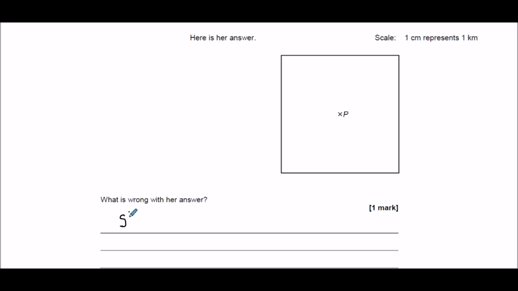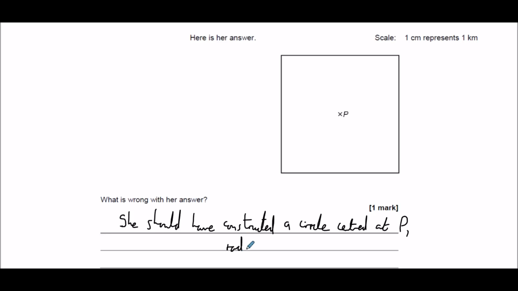So she should have constructed a circle that's centered at P with a radius of 3 centimeters.